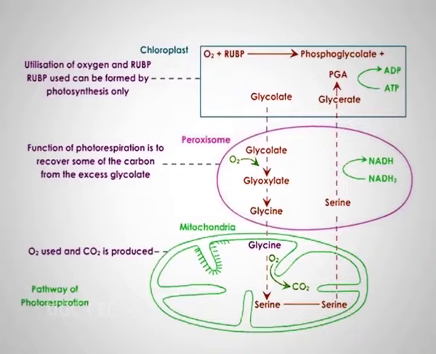Glycine is formed from glyoxylate through transamination, which then moves to the mitochondrion. Photorespiration results in loss of carbon dioxide from cells that are simultaneously fixing carbon dioxide by the Calvin cycle.